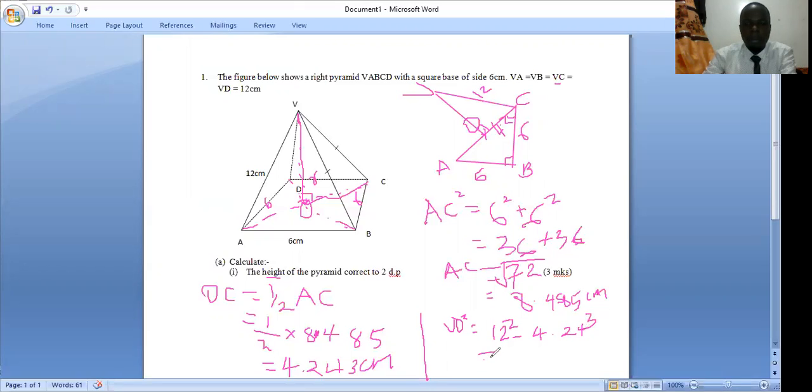Therefore, we'll have 144 minus 4.243 squared.